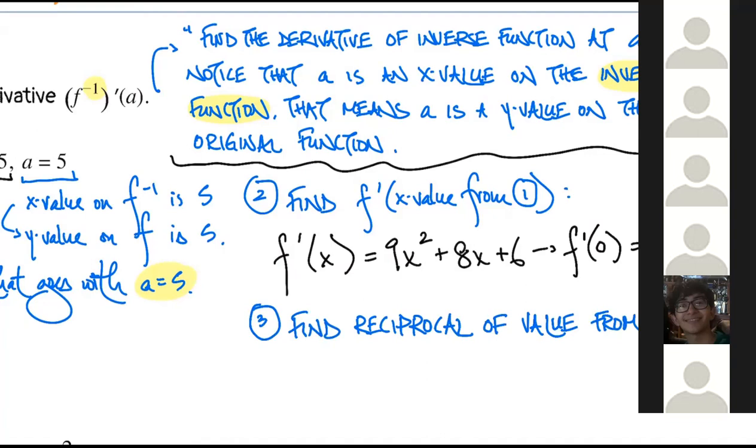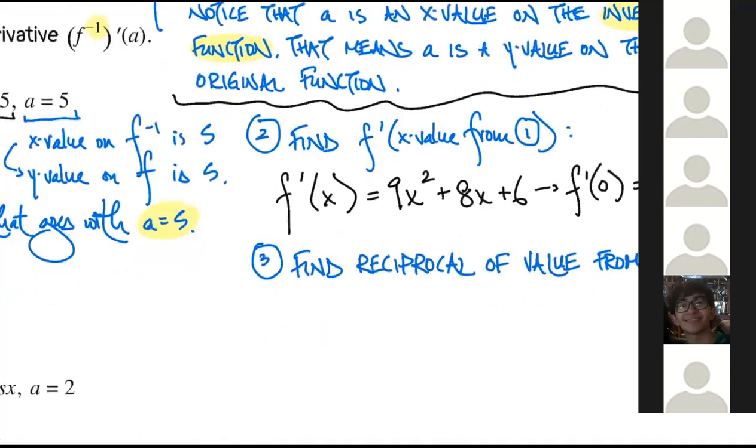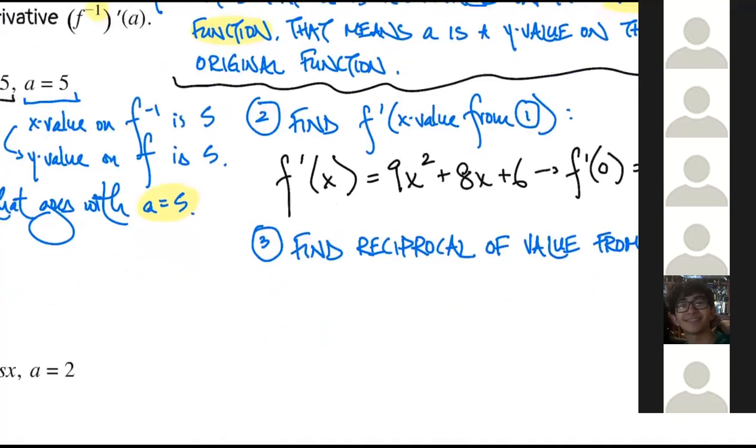All right, what is that reciprocal? All right, so we can all take that reciprocal 1/6, but I wanted us to write 1 over f prime of 0 to help us remember that that is what we mean when we say reciprocal.